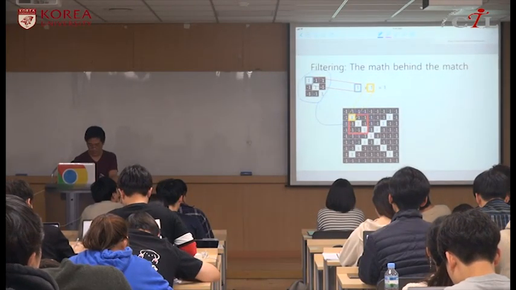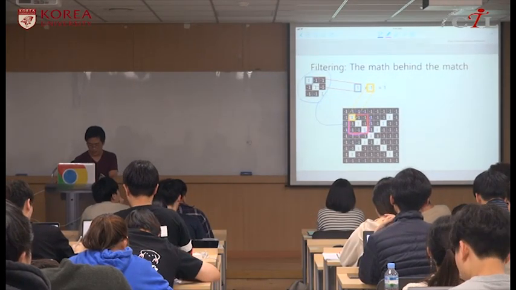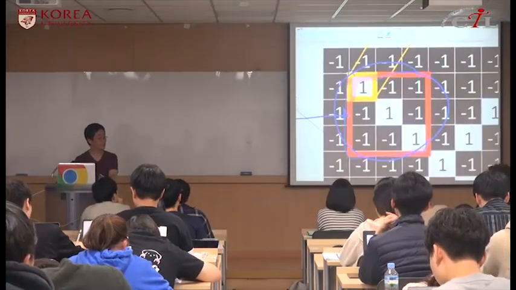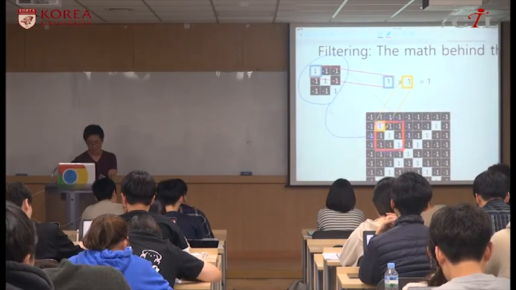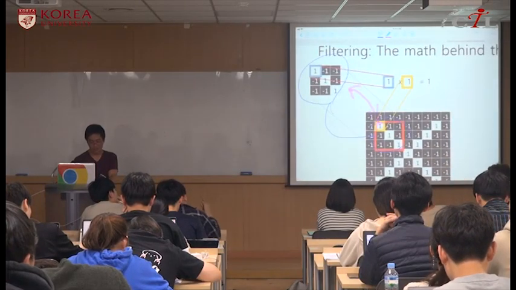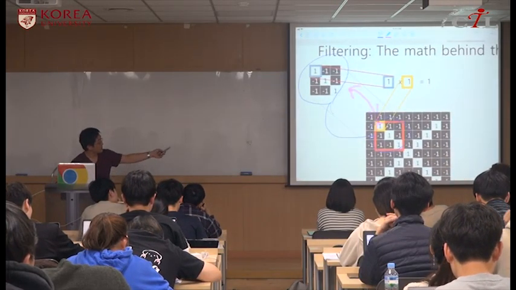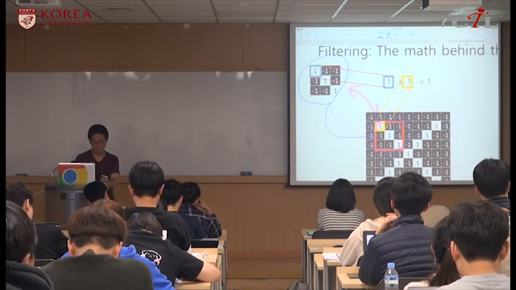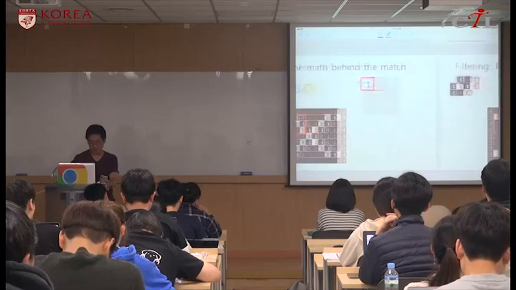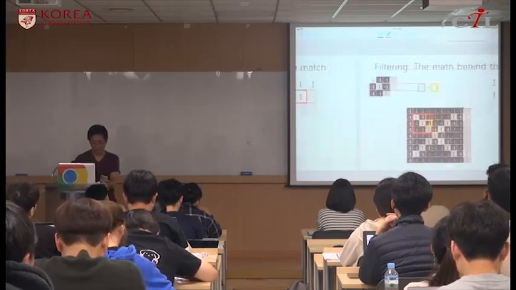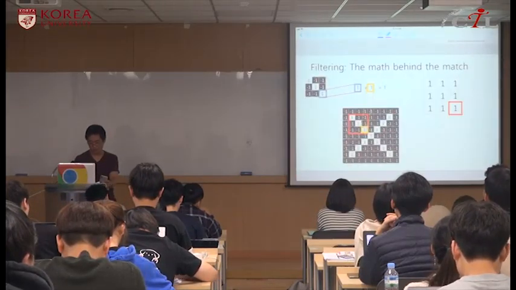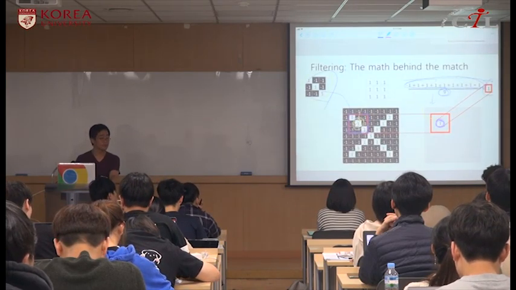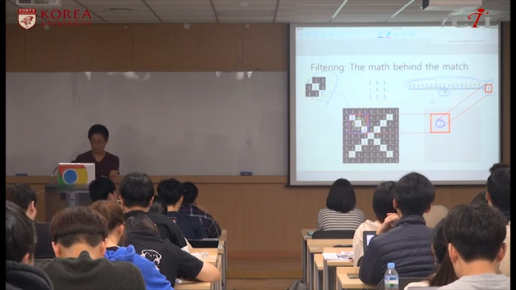Okay, so at this particular position, we will have a perfect match, right? So in this case, if this region has exactly the same values as the filter pattern that we are looking for, then the inner product between this filter and that region will have really the maximum similarity value, right?